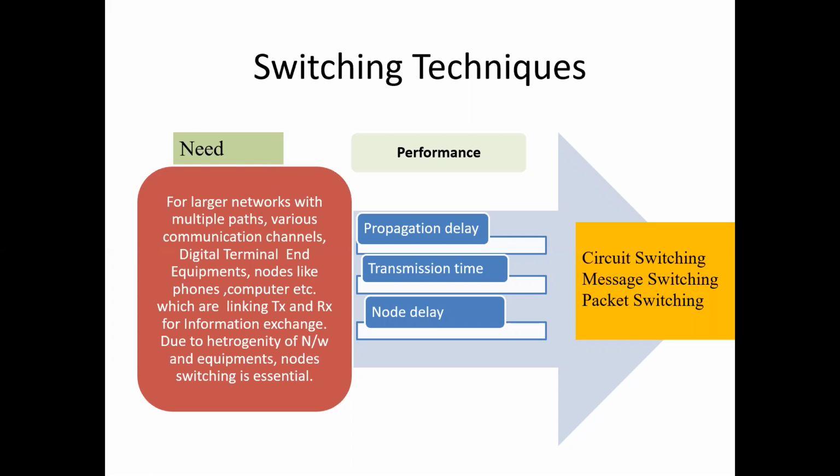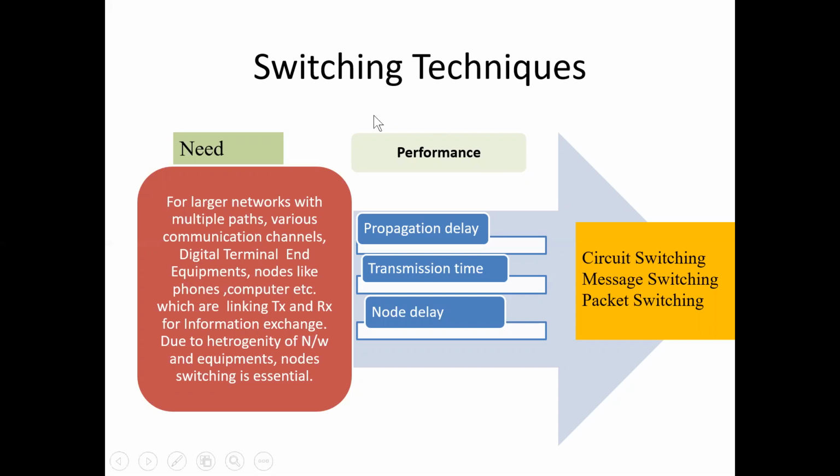We do have nodes like phones, computers, etc. While linking the transmitter and receiver, we have a distance far apart, heterogeneous network nodes, and different digital terminal equipments. So it is nothing but heterogeneity that is the causing agent for switching.